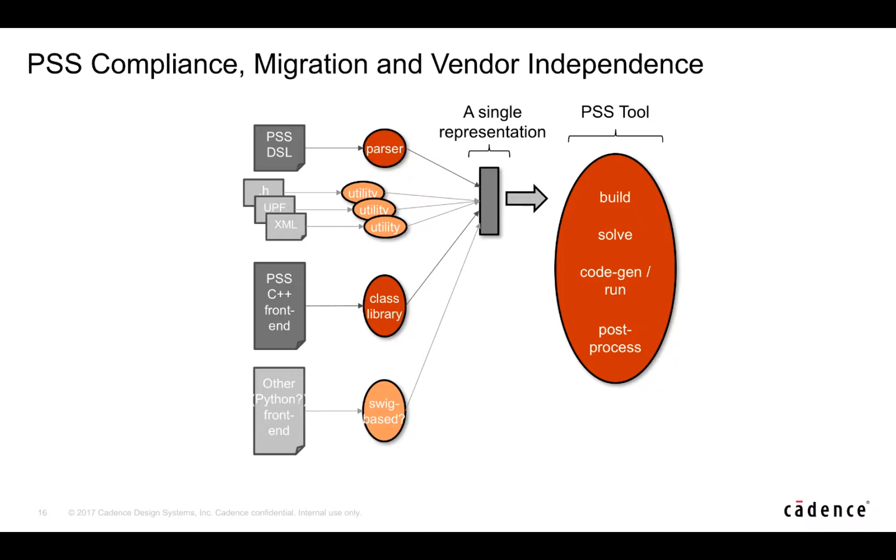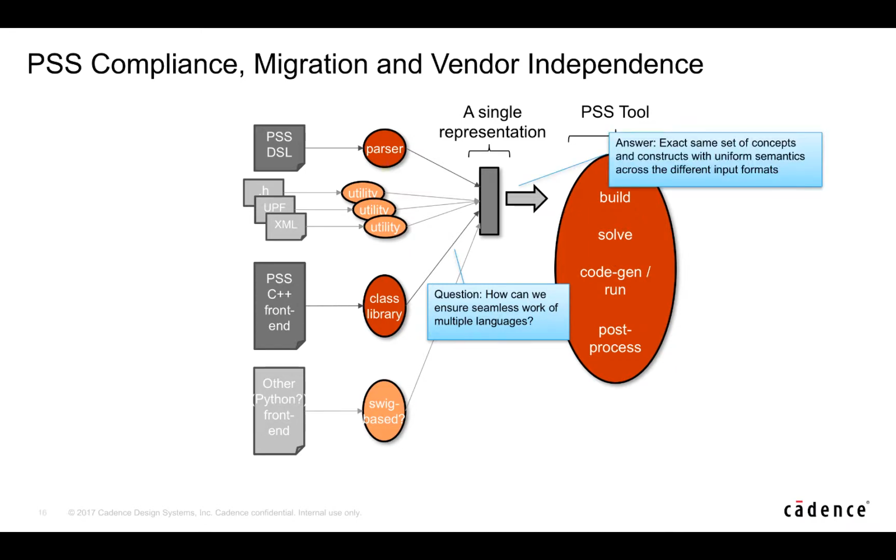Let's talk a little bit about the PSS compliance, migration and vendor independence. You've seen in my presentation that I'm using PSS DSL and I'm using C++ modeling. How do we achieve that? How do we make sure that from all these different languages I can make sense and create a single solution? The answer is that we're using exactly the same concept and constructs.